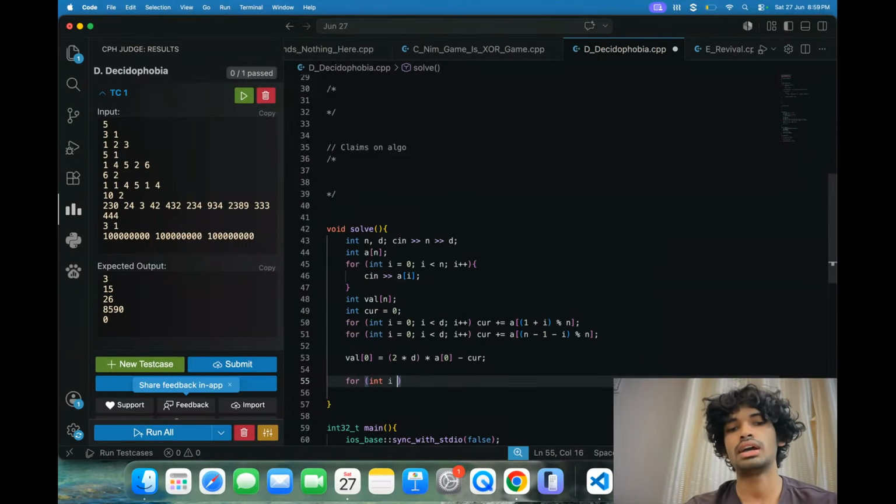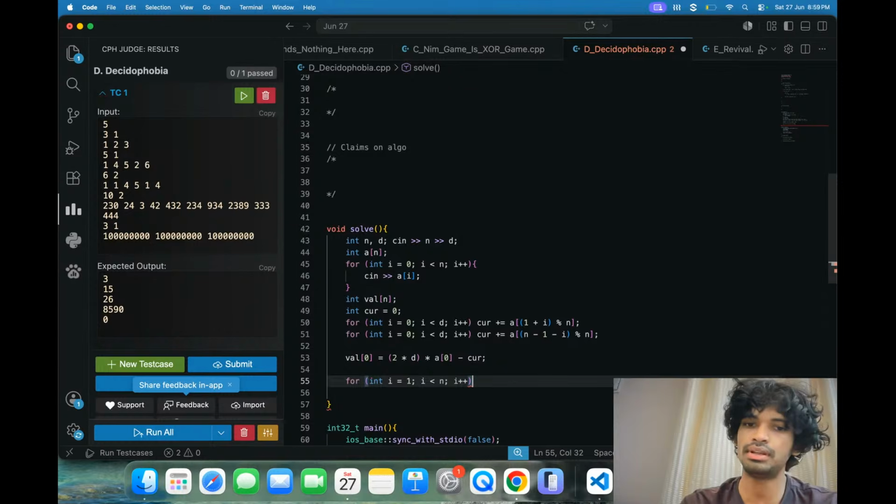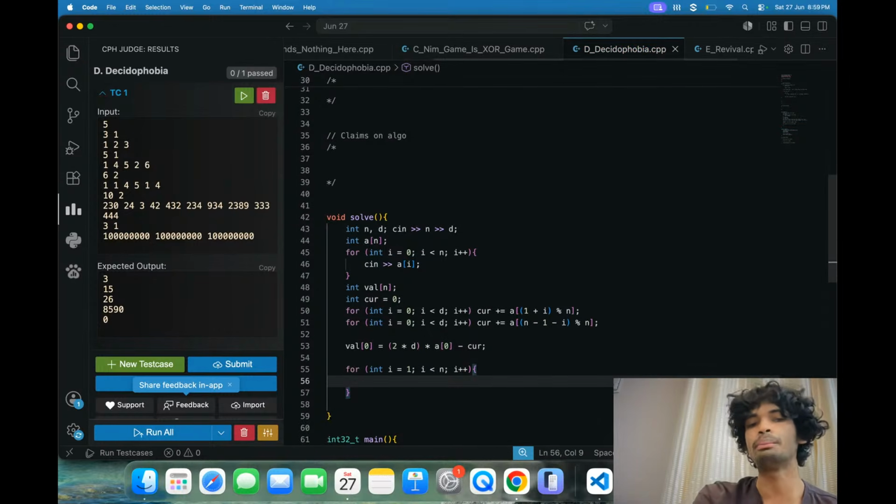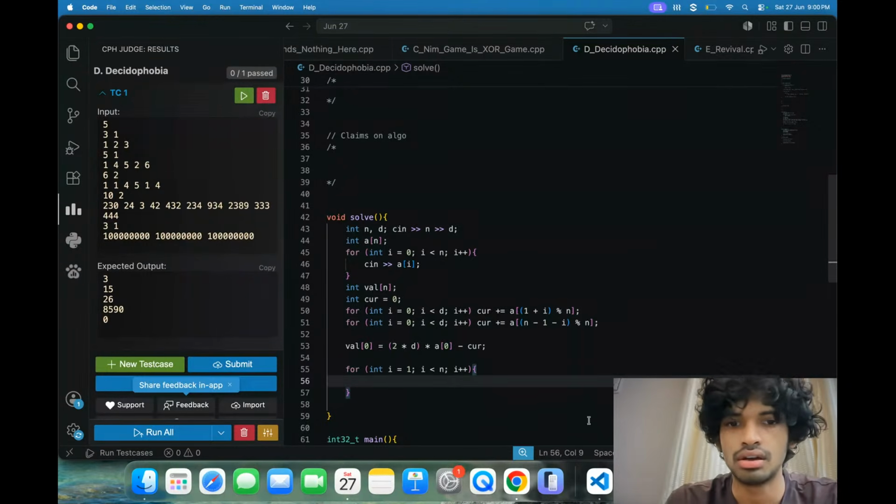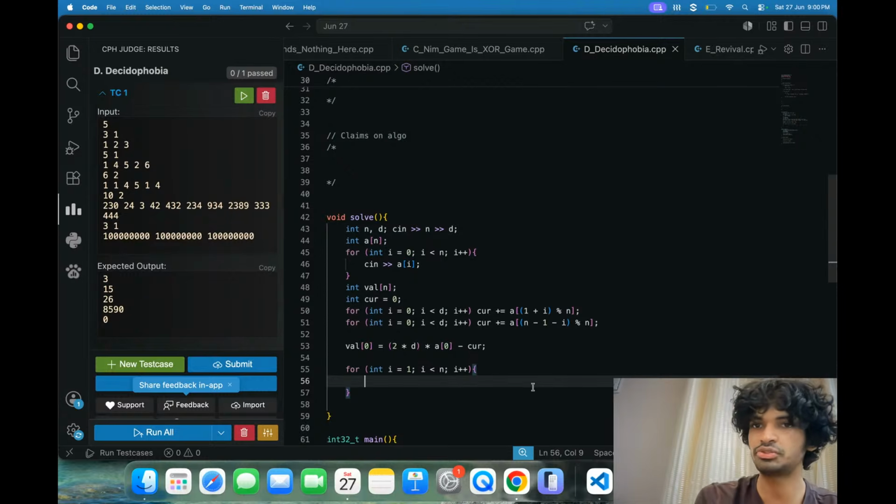For int i equals 1, i less than n, i plus plus. So now you have to update the cur. Okay, you have a value here, you have 0 here. You want to subtract from 0 minus d. You want to subtract i minus 1 minus d.